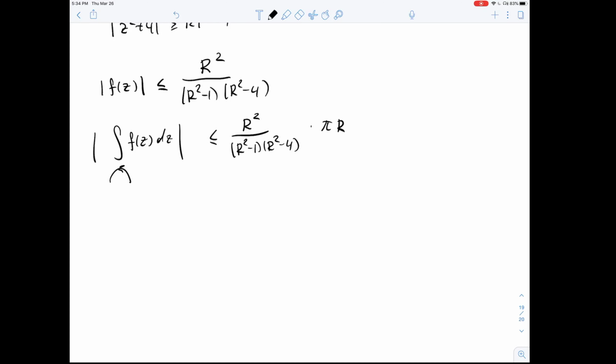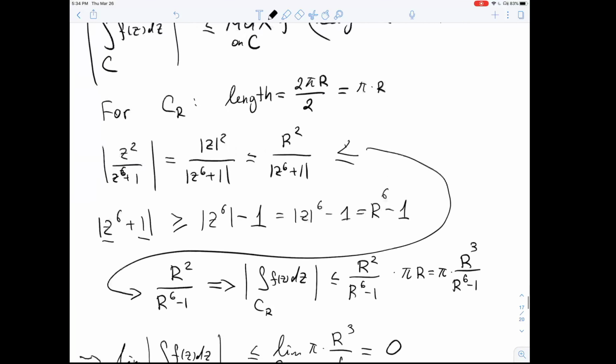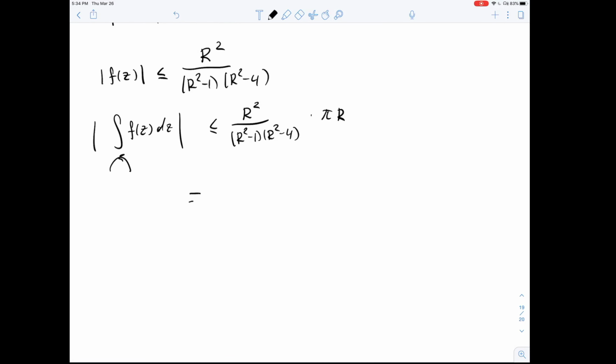That's another great thing, that for the same contour we have the same length. So if we had the length pi r right here, then we'll have the length pi r right here too. So what do we get? We get pi r cubed divided by r squared minus 1, r squared minus 4.